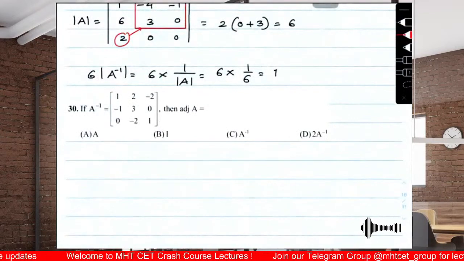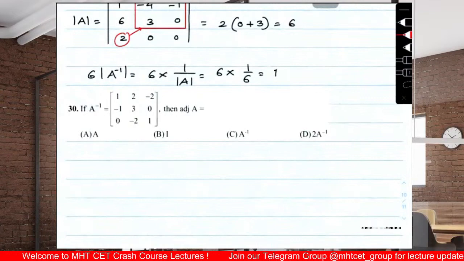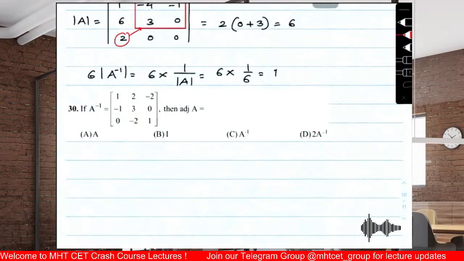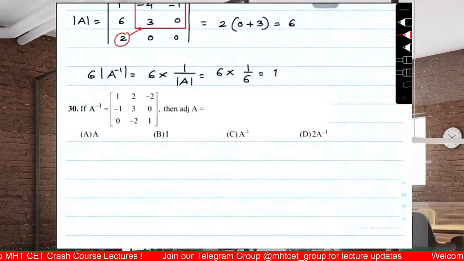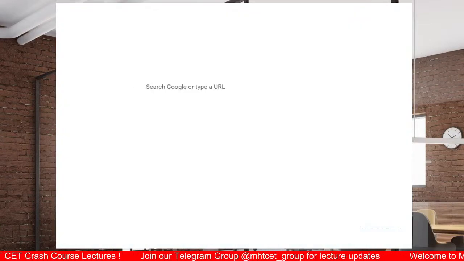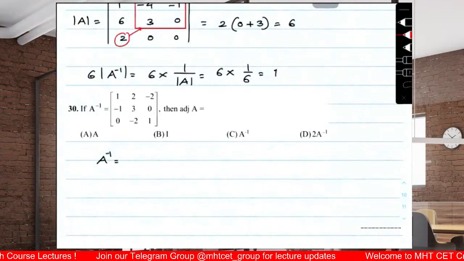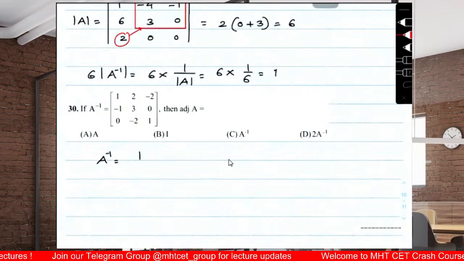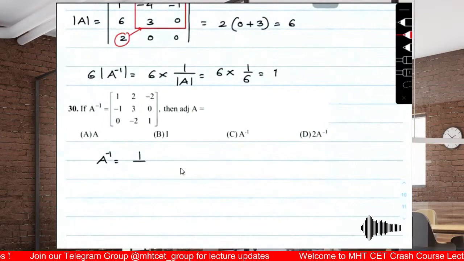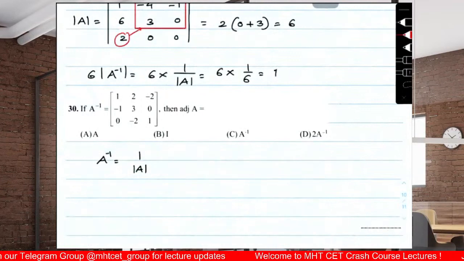A inverse is given, then adjoint of A is required. Okay, A inverse is given, adjoint of A is required. So you know the formula for A inverse. How much time will it take to solve a determinant? Any 3 by 3 determinant, how much time will it take? Maximum 1 minute.